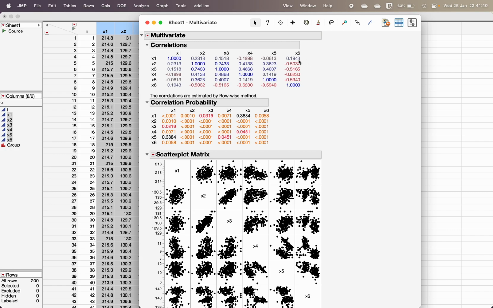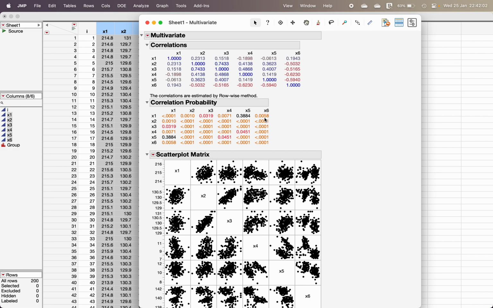Now let's consider the pair x1 and x6. This is plus 0.1943. A positive correlation means that they are positively correlated. That means if x1 increases, x6 also increases. But this looks like a very low correlation, because it's very close to 0.2.